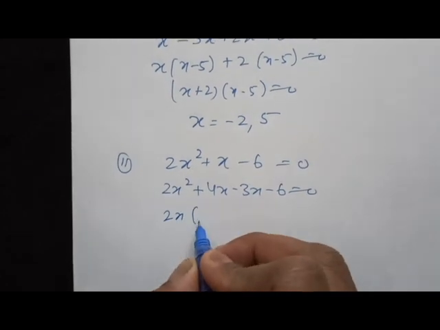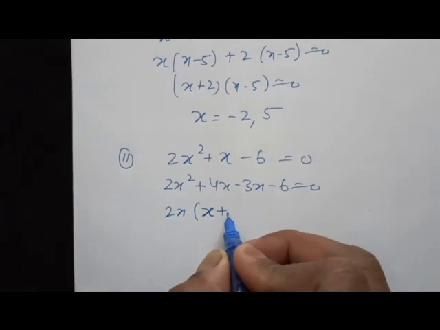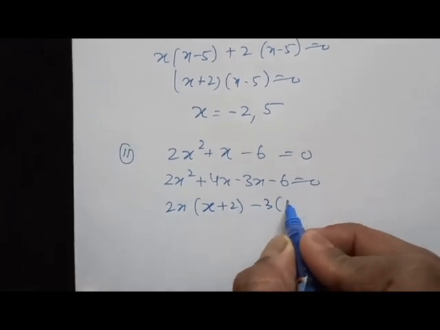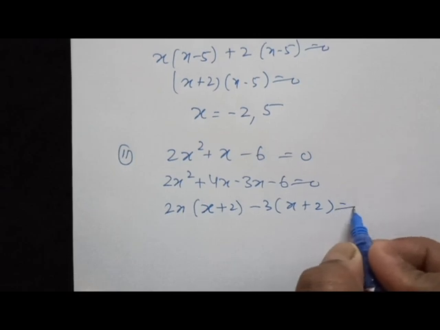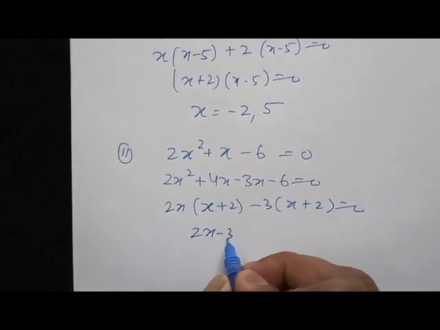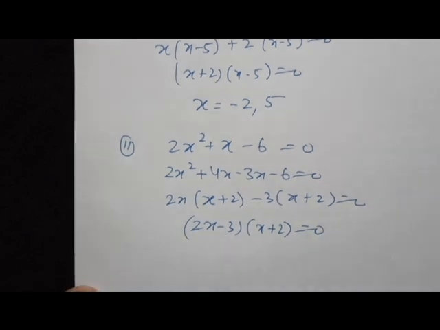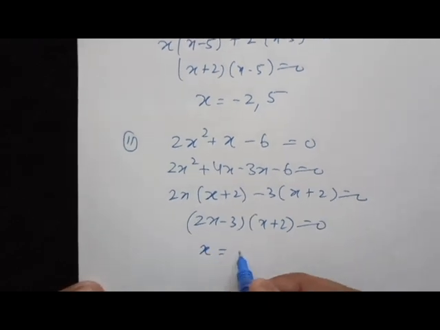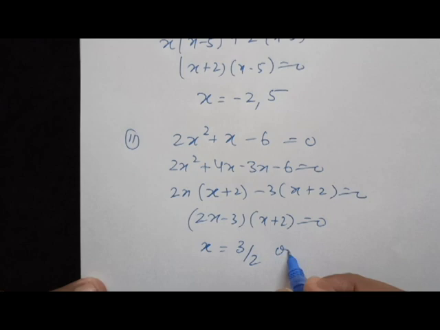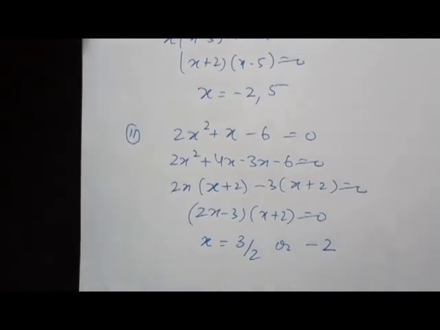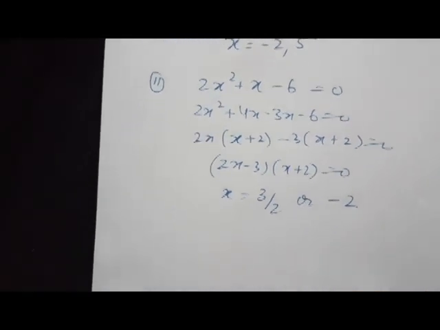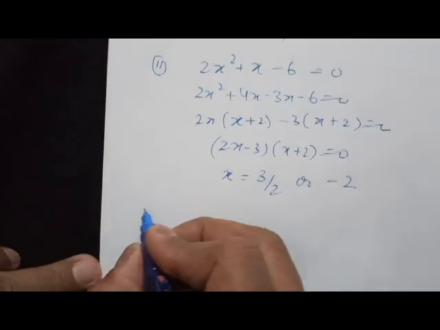So we take 2x common, so we get x plus 2. Here we take minus 3 common, x plus 2 is equal to 0. So 2x minus 3 into x plus 2 is equal to 0. So this gives us x is equal to 3 by 2 or minus 2. So these two are the roots of this quadratic equation.